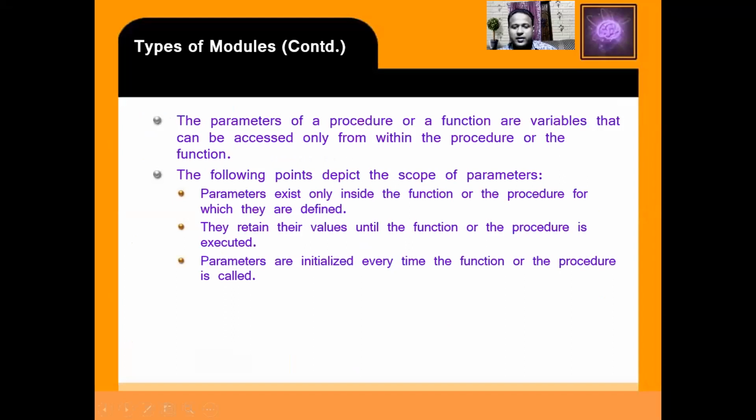Then what is a parameter? I have already told you, and here in the slide it is also mentioned. The parameters of a procedure or a function are variables that can be accessed only from within the procedure or the function. The following points depict the scope of a parameter.